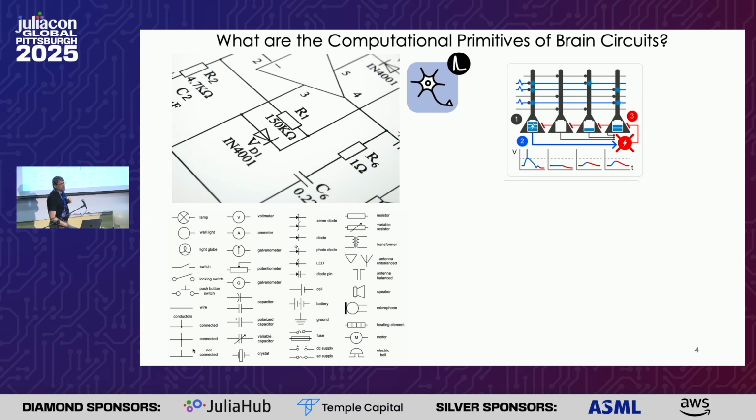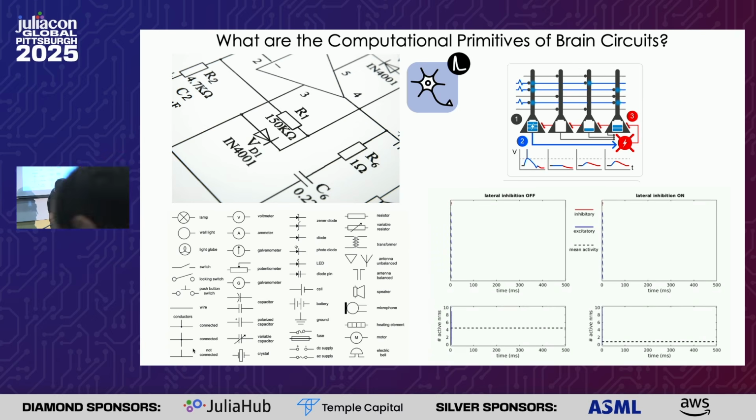And this is actually work by Rick Granger at Dartmouth, who's a collaborator of ours. He developed this model of a winner-takes-all circuit. So this is a basic circuit of neurons that is essentially equivalent to a digital circuit. So you have 5 excitatory neurons, or 4 in this case, and they're all inhibited by an inhibitory neuron.